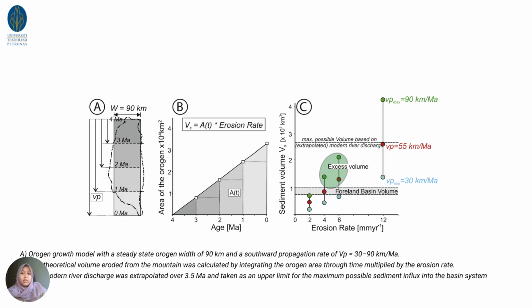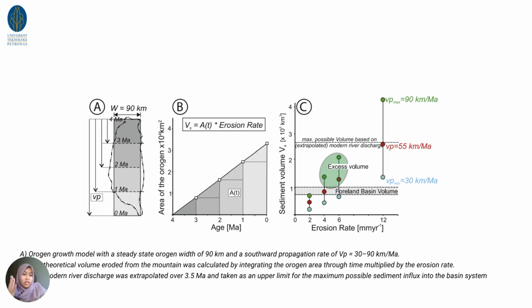Next is the theoretical sediment volume eroded from the mountain and feeding the western foreland basin, which was corrected for the river discharge flowing to the east, currently 45%.